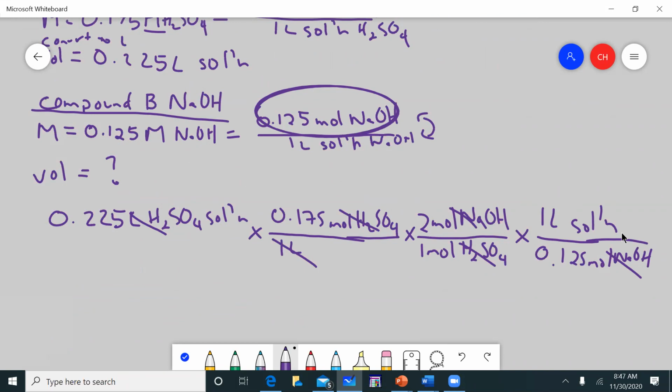So now what we need to do is just plug all that messy stuff into our calculator. 0.225 times 0.175 times 2 divided by 0.125. I'm just going to do it a second time because I don't trust all my decimals.